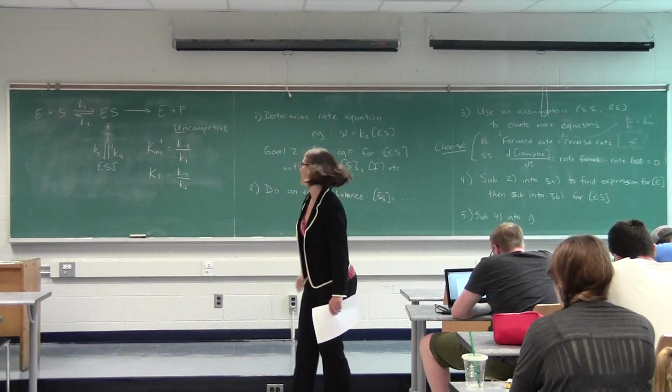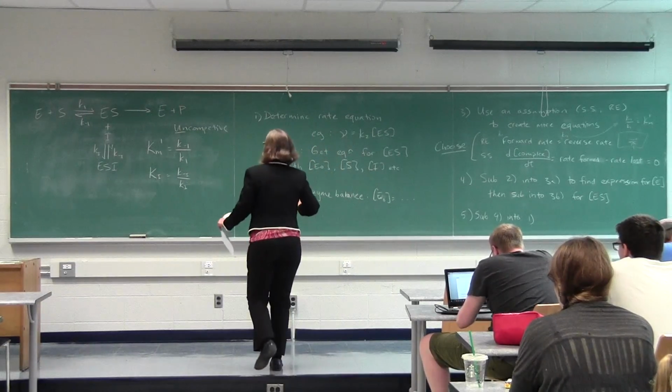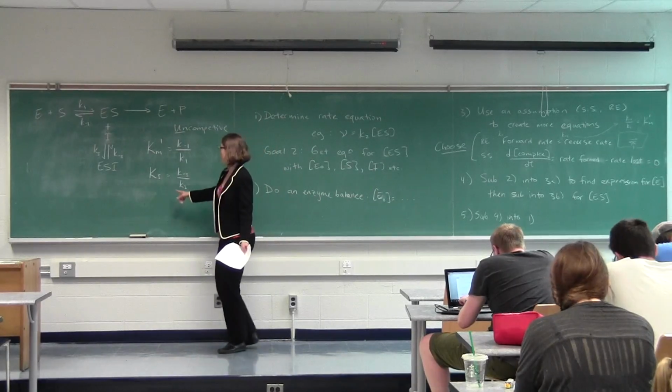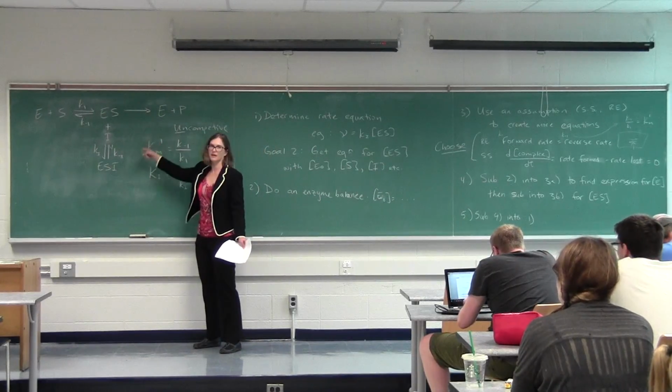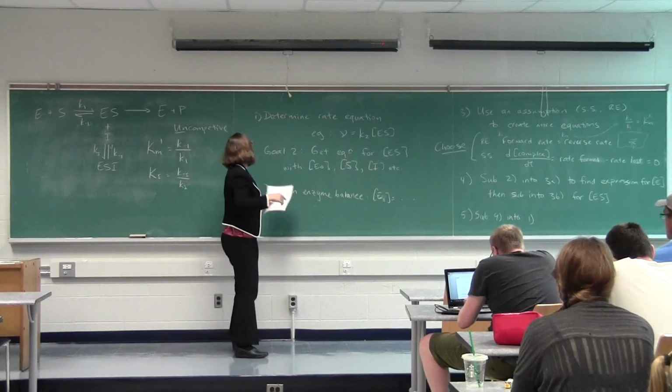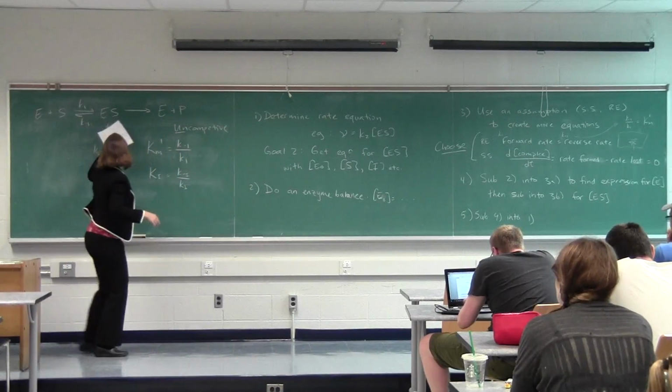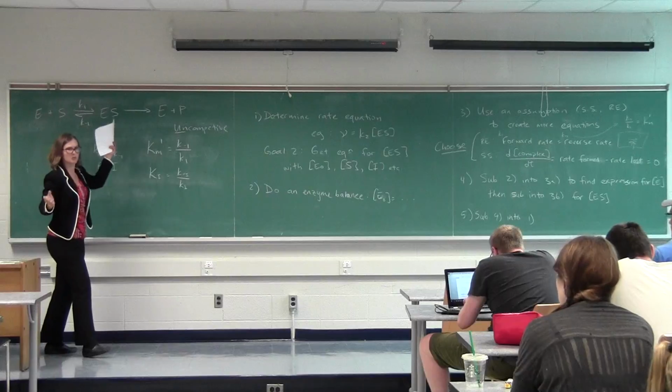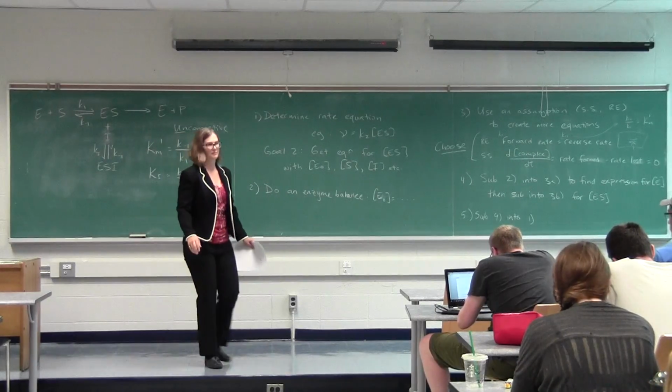And so essentially what I want you to do in doing your equations for rapid equilibrium is come up with an expression for Ki and Km prime in terms of the concentrations of complexes and enzyme and so on.